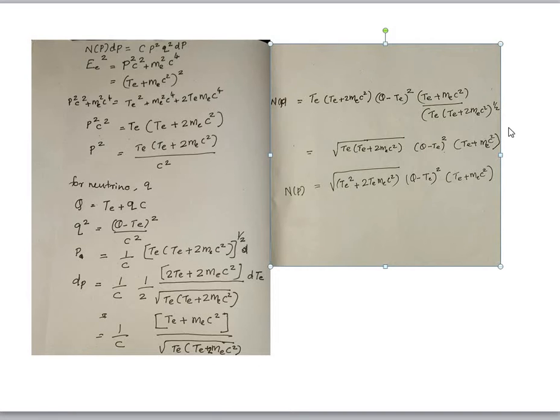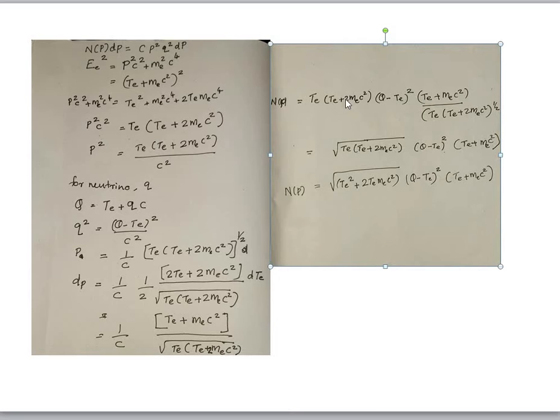We are avoiding the constants and taking the terms relevant for the energy spectrum. So the expression for N(p) is the square root of T(T + 2m_e c²) into (Q − T)² into (T + m_e c²).